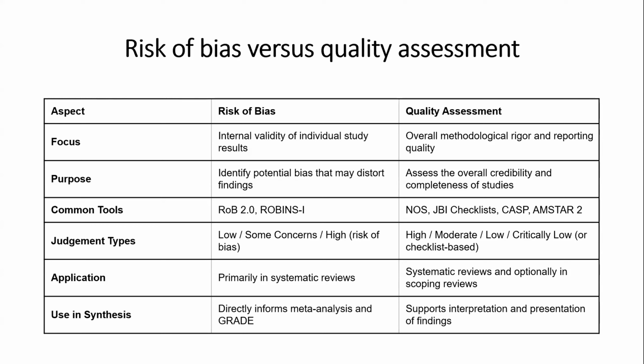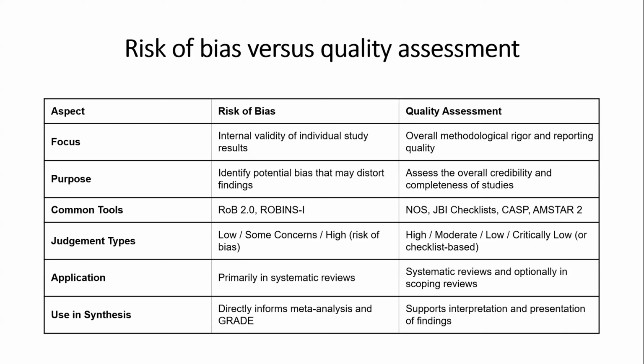The judgment types in risk of bias assessment are mainly three: low risk of bias, some concerns, and high risk of bias. In quality assessment there are different ratings like high risk, moderate risk, and low risk, and also options like critically low or good quality.